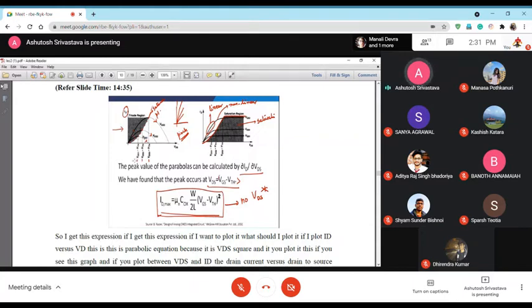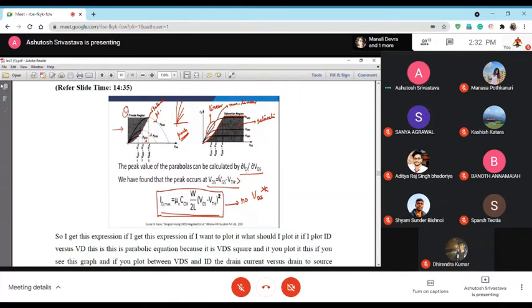So the peak value of the parabolas can be calculated by simply taking a differential with respect to drain source voltage, so del ID by del VDS. So we found that the peak occurs at drain source voltage becoming equal to the overdrive voltage.